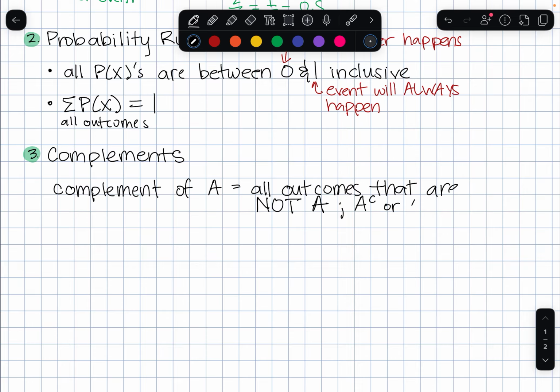Sometimes you'll see it written as A prime. I prefer the first one. It makes it more obvious. I don't remember which one your book uses.